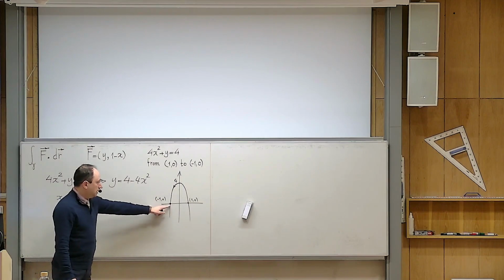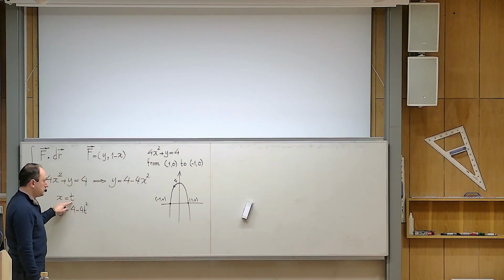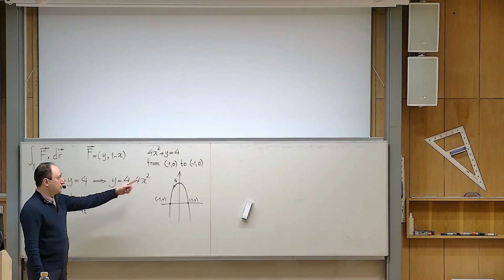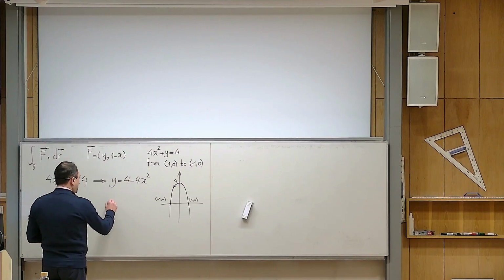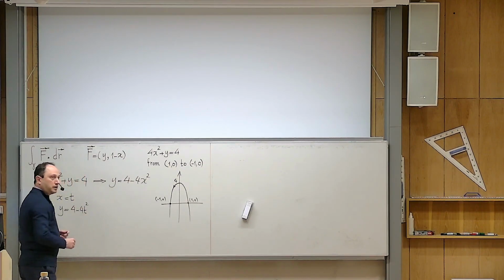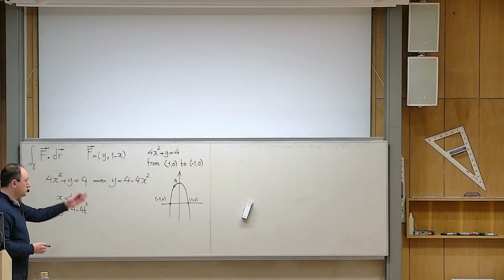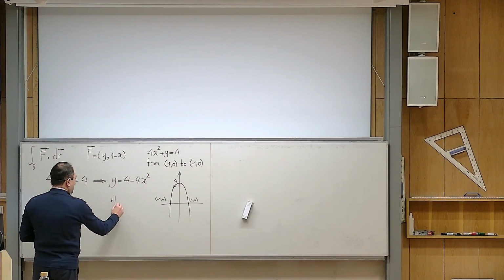When I'm standing here, x is minus 1, and when I plug it here, t is minus 1. So if I want to traverse this trajectory in this direction, then t goes from 1 to minus 1. You can say that t goes from 1 to minus 1.